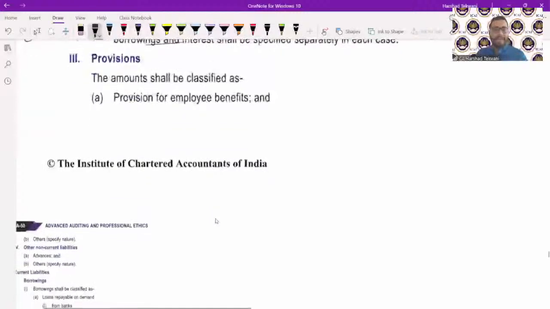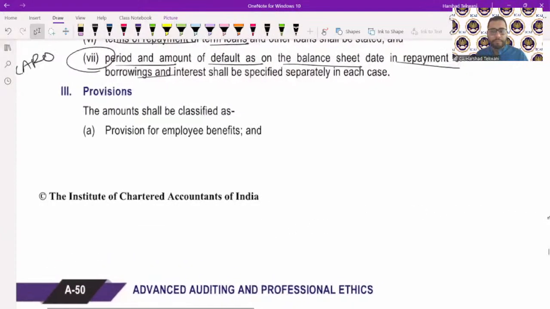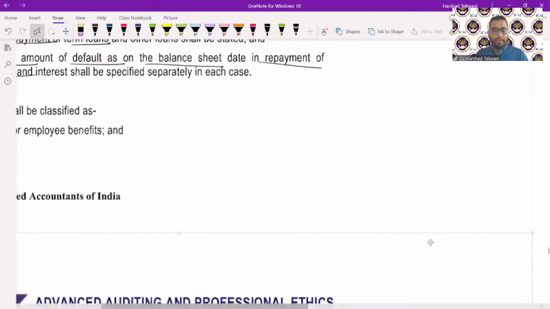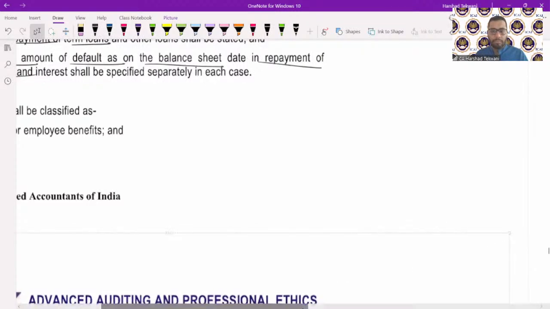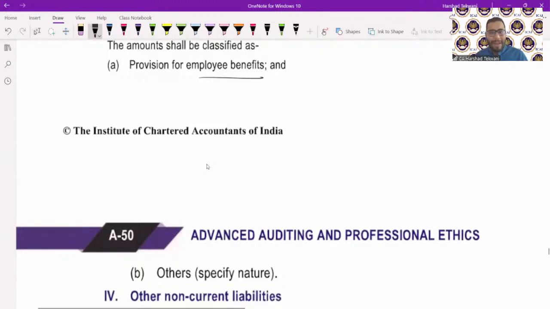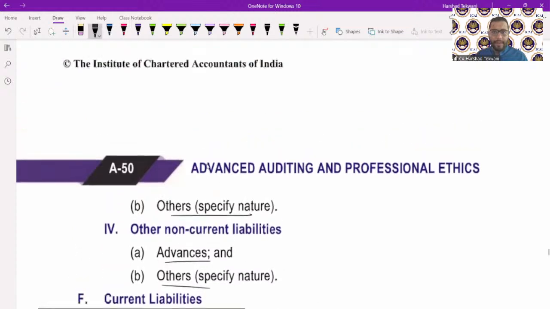Second comes provisions. Now, as the name specifies, provision is either provision for employee benefits, and if any other provision is there, and then advances or others in other non-current liabilities, if there.